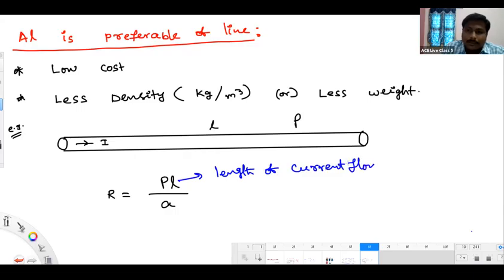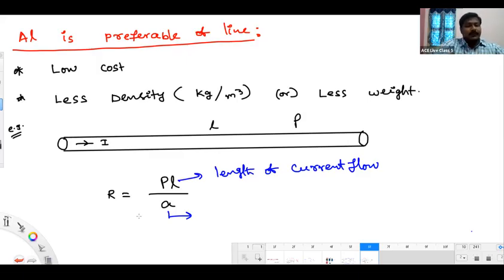What do you mean by A here? A is area of cross section. That's okay. Area of cross section of conductor. You are saying area of cross section of conductor. That's okay. But I will ask one very simple question. For example, this is one conducting body I have.